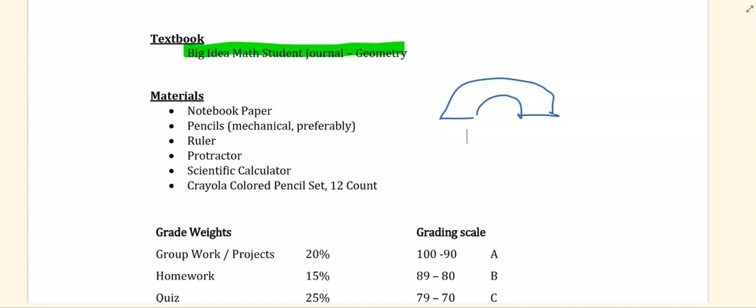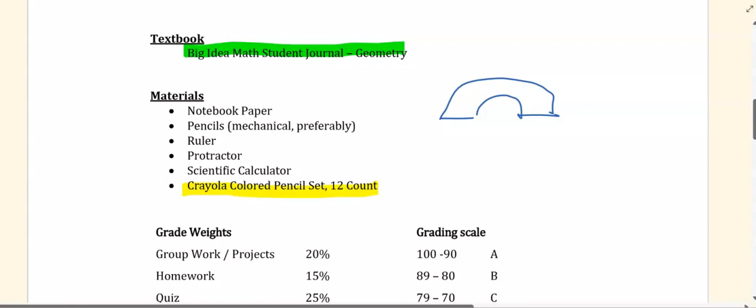Finally, the colored pencils, and we'll talk about why later. We're going to be doing some different stuff this year, trying to make it a little more interactive and a little more fun for you. But that's also mandatory, and the one I have listed here is the one you have to purchase.